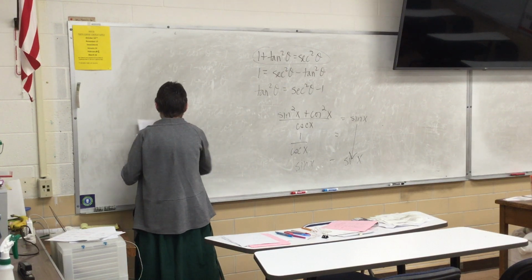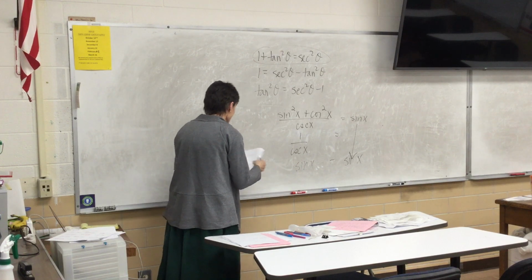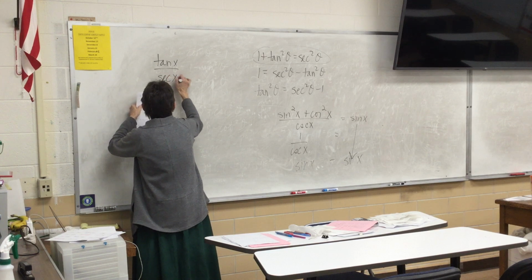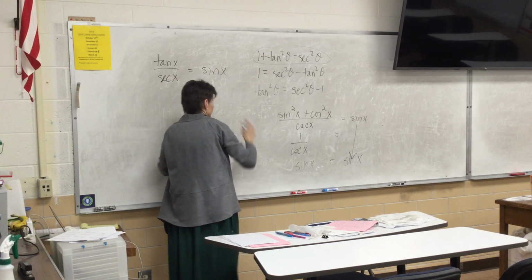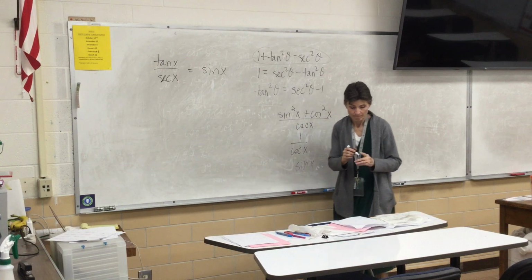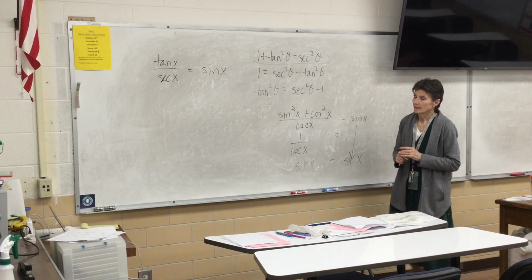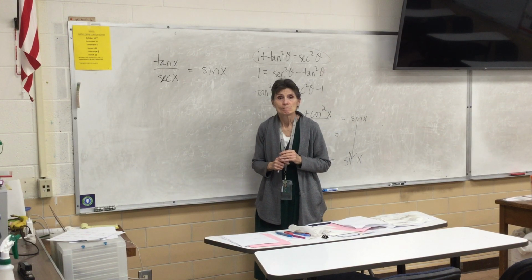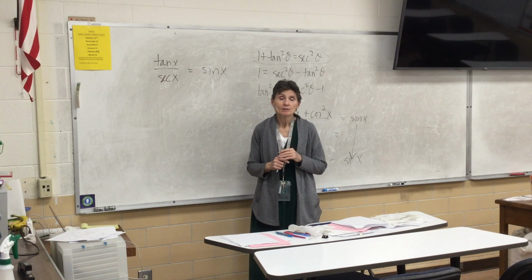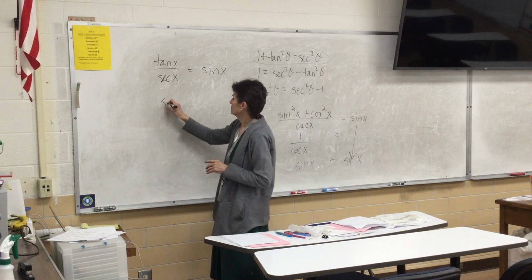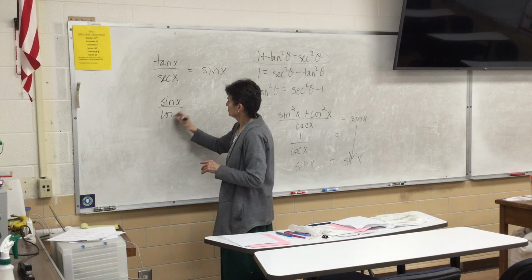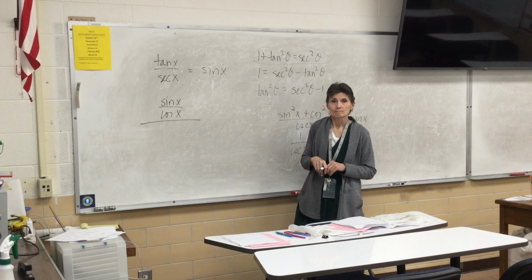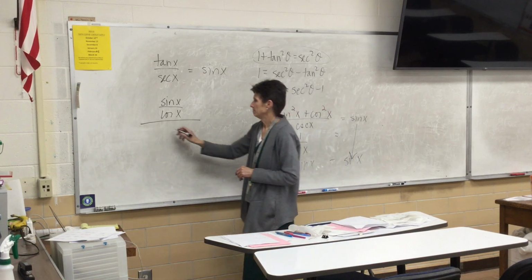All right, so the next one says tangent over secant equals sine. Now let's talk about this for a second. What's tangent? Look on your paper. What's tangent? It's sine over cosine. Over, what's secant? 1 over cosine.